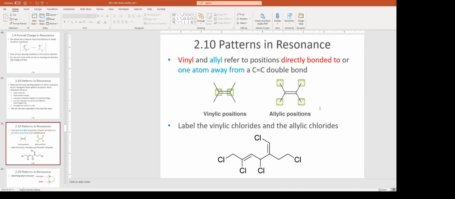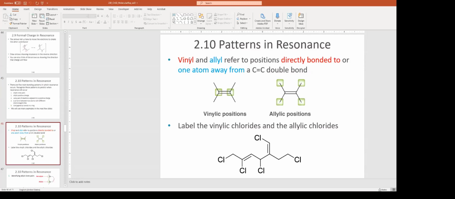So the first pattern is going to refer to vinylic and allylic positions. So these are words that we see a lot. Don't worry whether something says vinyl or vinylic or allyl or allylic. Those are going to mean essentially the same. It's just noun versus adjective.